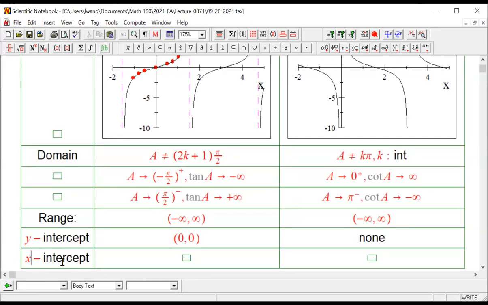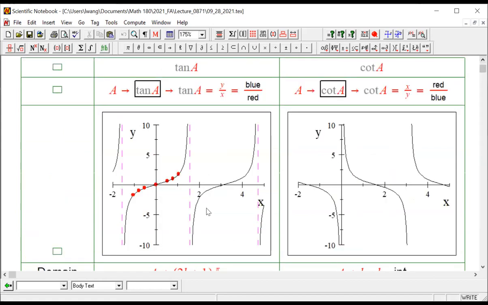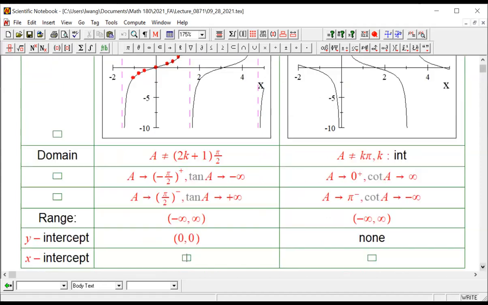I think we talked about x-intercept for tangent. What's the x-intercept for tangent? Wasn't it k pi, 0? That's right. We did that, I just didn't put it in a table. k pi.